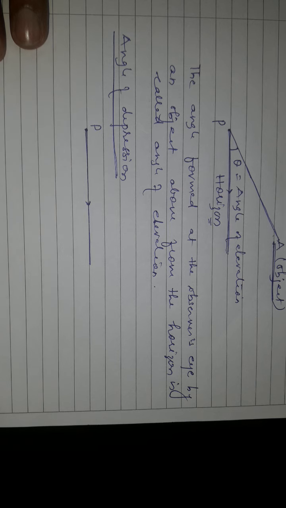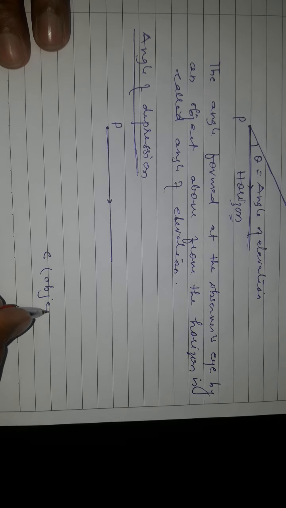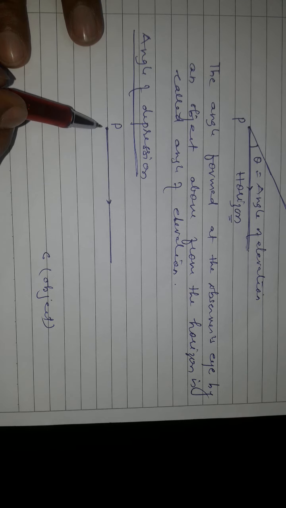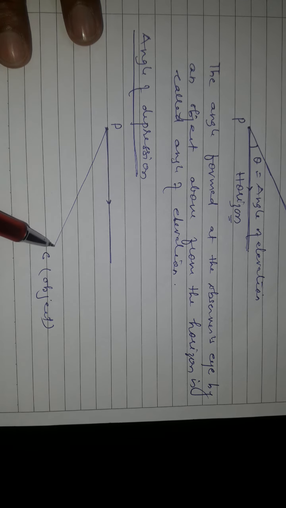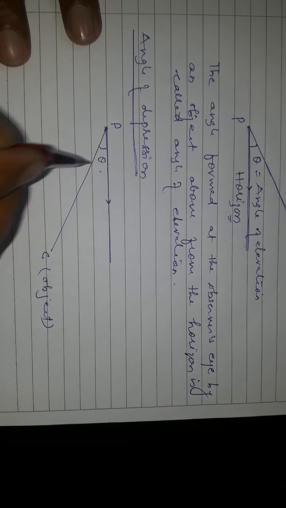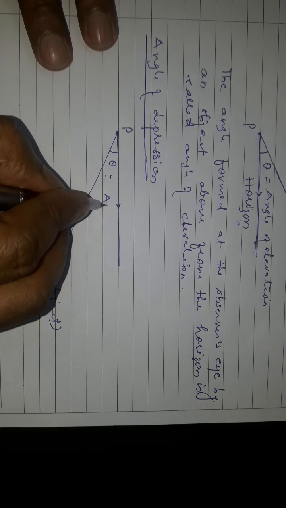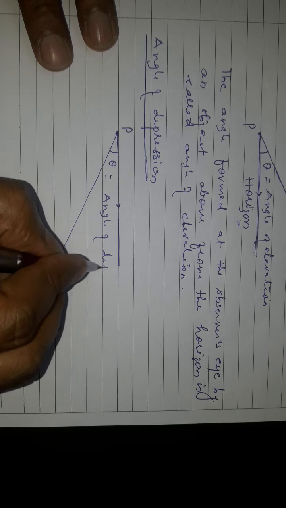Suppose you are here, you are an observer and a car is here. It is an object, and you want to see from the top of the building to the car which is parked by the road. So the angle made at the observer's eye by the car is called angle of depression.